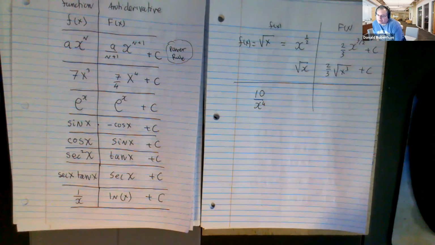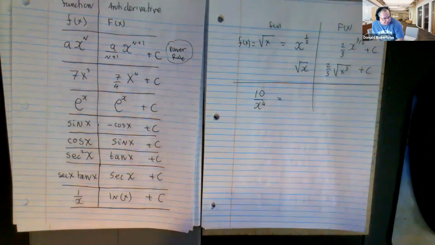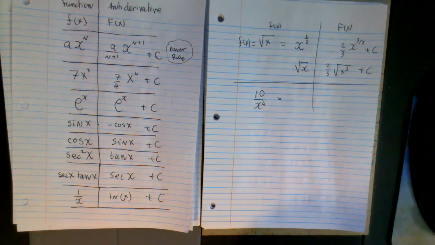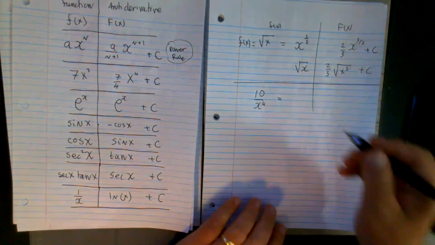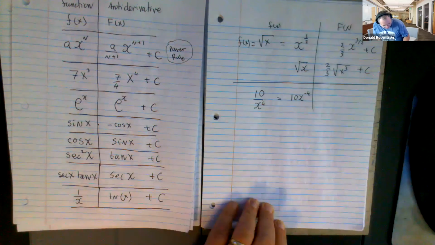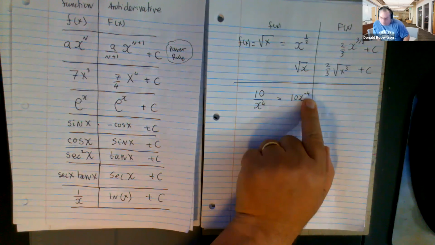Wouldn't it be nice if I could find its antiderivative? It's a guy you might want to find the area for. How do you think I'm going to rewrite this one? Tan x to the negative 4th power. Yeah. Now, when it's written that way, can you see that we can use the power rule on it? Add 1 to the power and then divide by the new power.